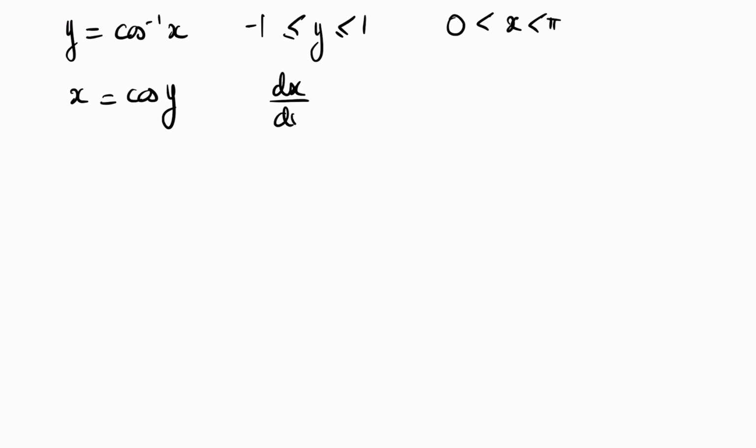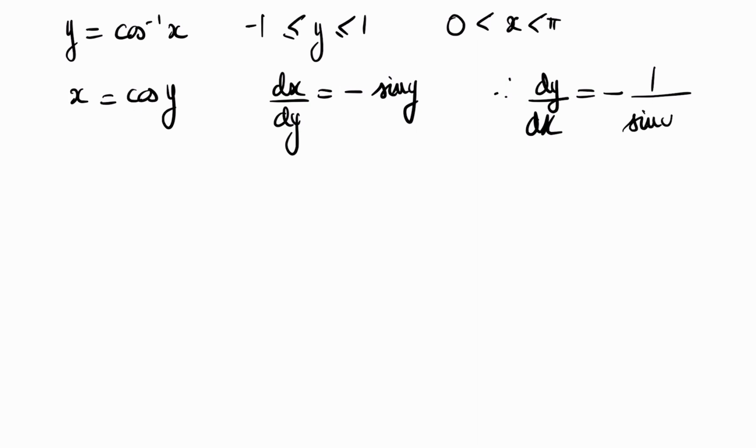dx over dy, the derivative of cosine is minus sine, so therefore dy over dx is equal to minus 1 over sine y, and we can transform that a little bit.